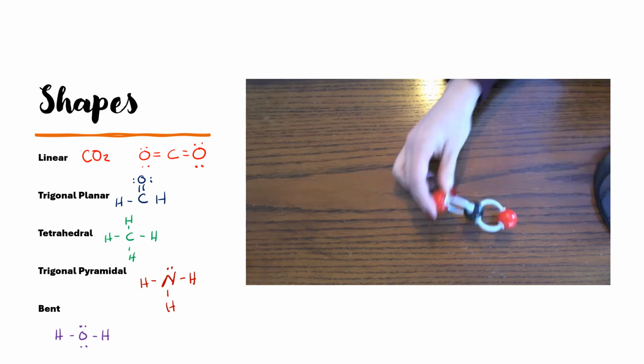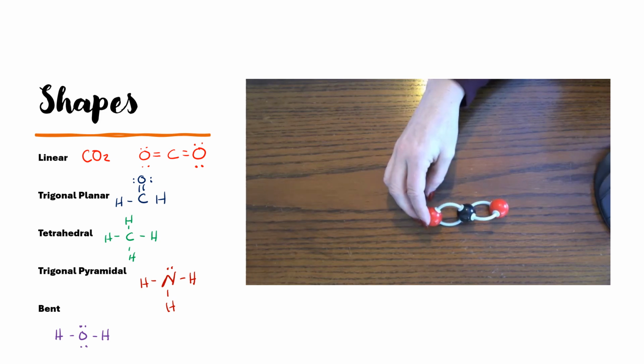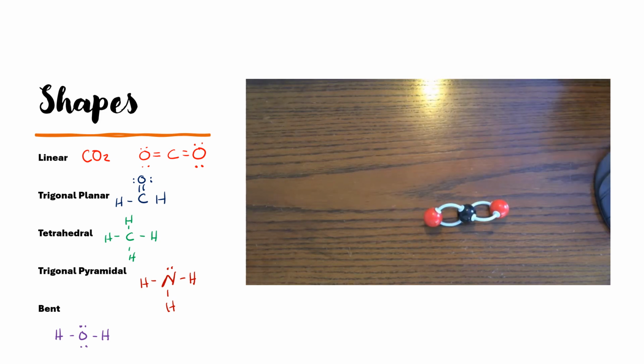Generally when we're using ball and stick models like this, if you have a model kit, which I highly recommend, you are going to use the black balls for carbon, and oxygen is typically the red balls. Most model kits will have a list of colors and what colors represent the atoms.